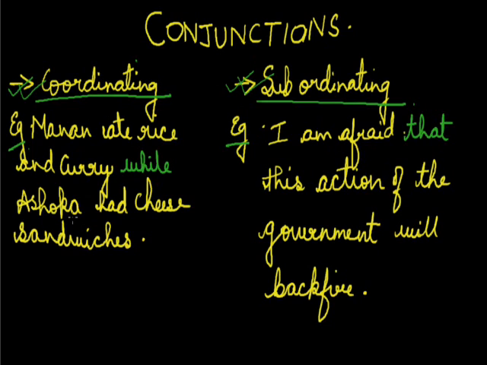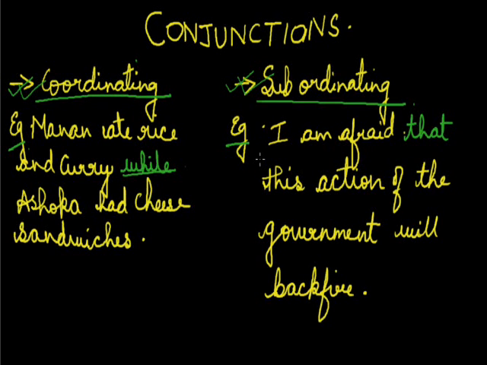And the second sentence, Ashoka had cheese sandwiches. Again, it is conveying a complete meaning to us. If you remove the conjunction while and you read the sentences, none of the sentences is dependent on the other.